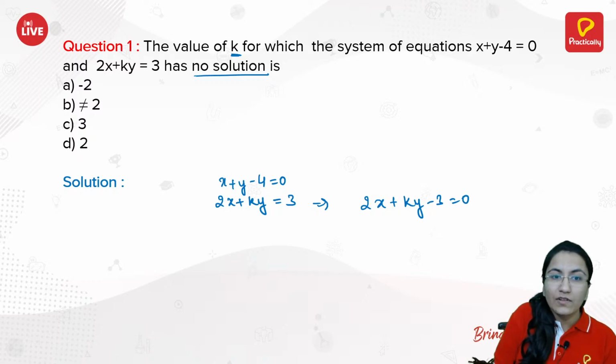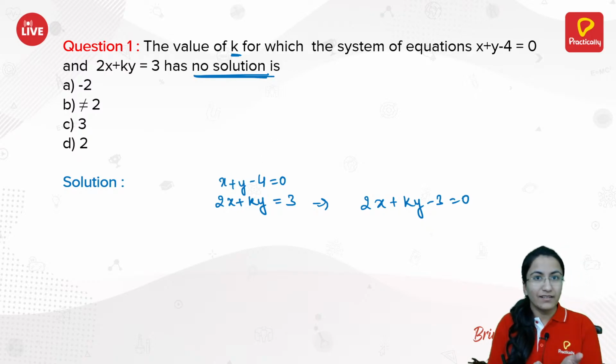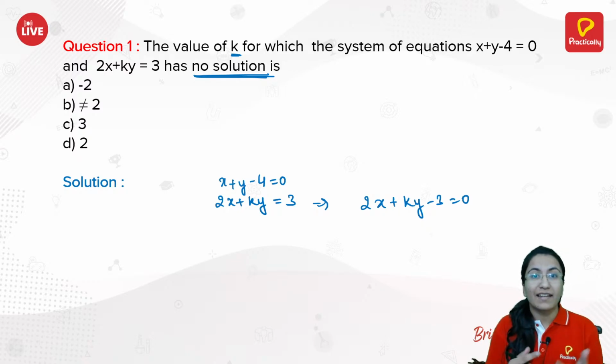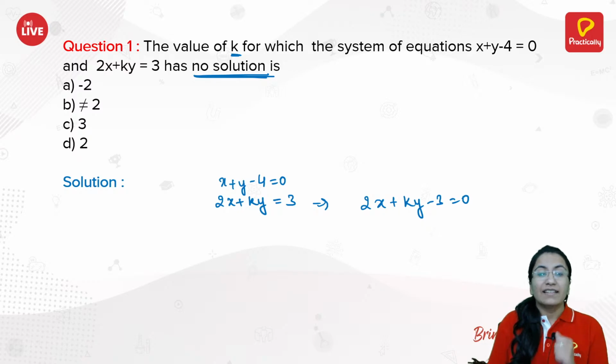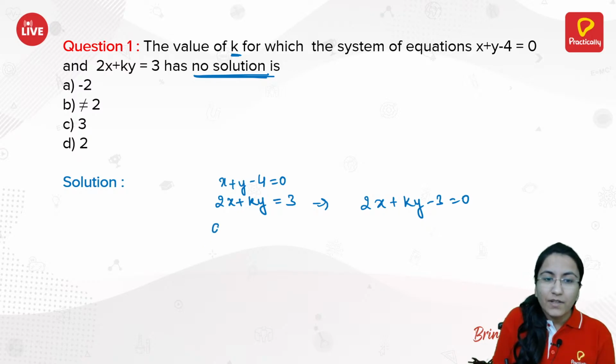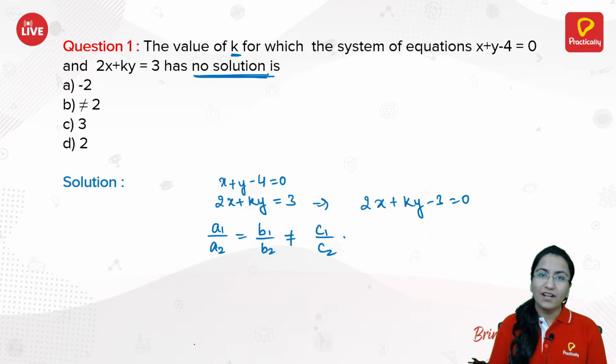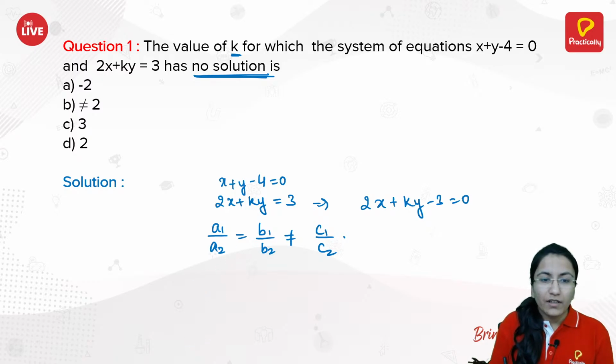We have no solution. That means the lines are parallel, because only in the case of parallel lines there is no solution, because parallel lines never intersect. That means we need a condition where a1 by a2 is equal to b1 by b2, but it is not equal to c1 by c2. We need such a condition. Let's just see what we get.